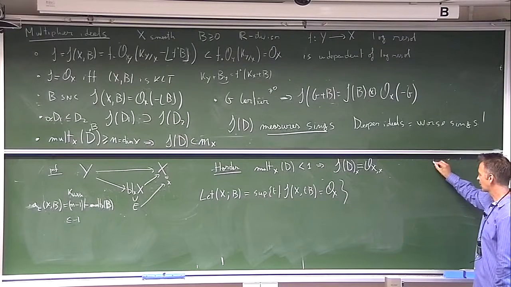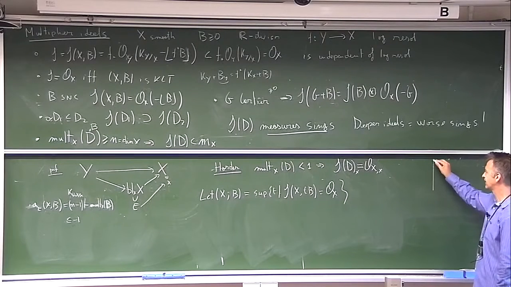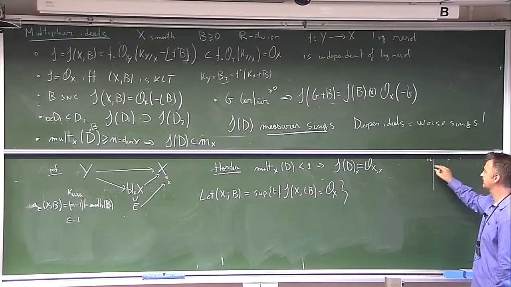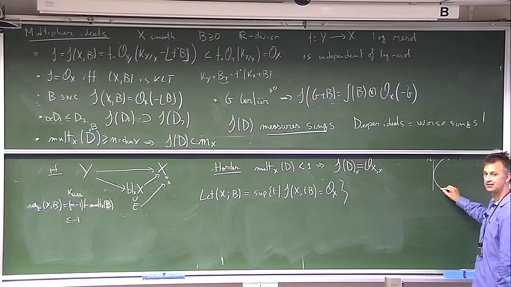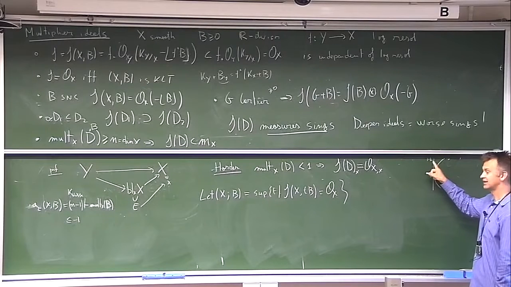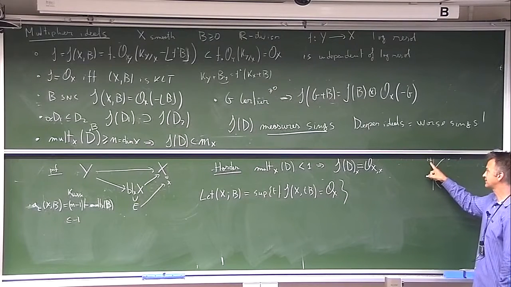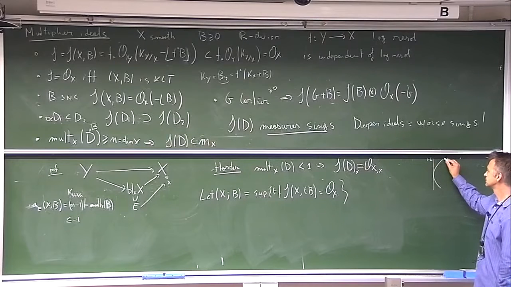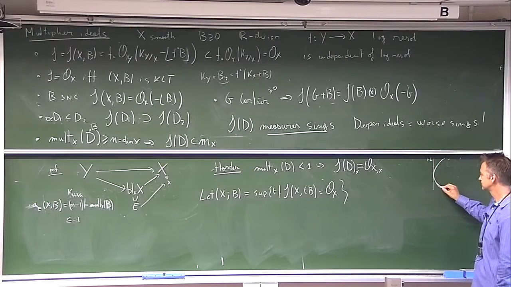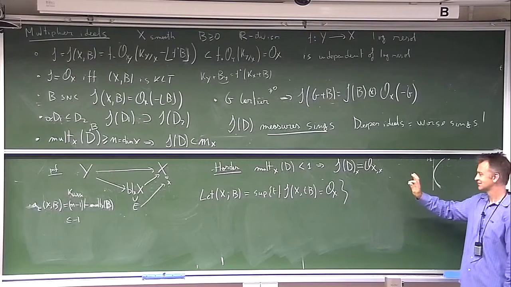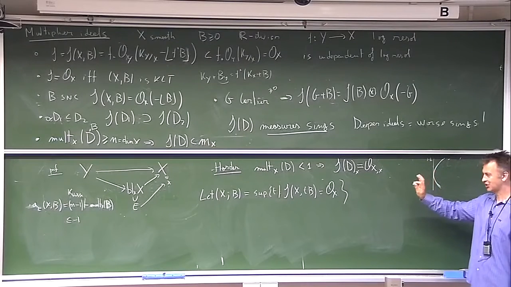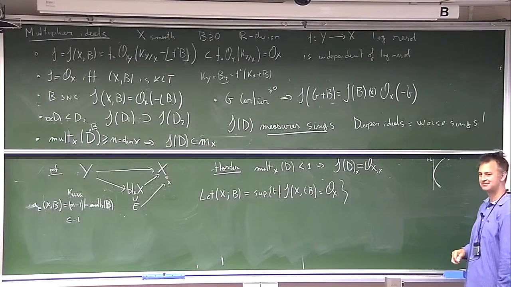You see, it could happen that you have something like this with coefficient 1 minus epsilon along a divisor, and then something very tangent. That's right. But see, this 1 minus epsilon, yeah, you're right. So it's subtle. Correct. Yes.